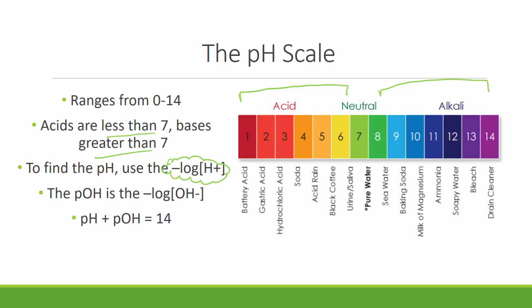So to find the pOH, you take the negative log of the OH value, and then your pH plus your pOH is going to be equal to 14. So when you find your pOH is 6, then you know that your pH must be 8 in order to equal 14.